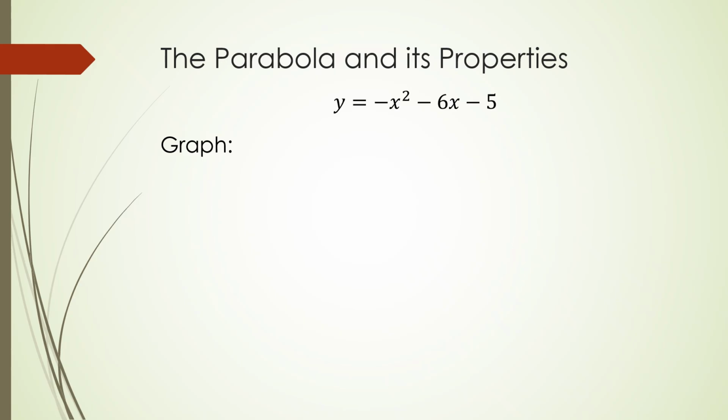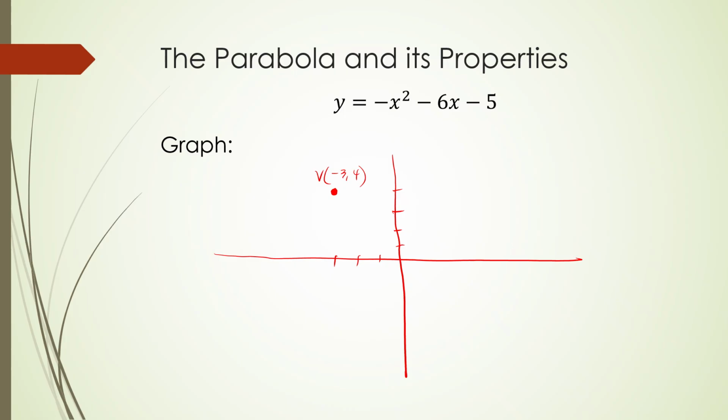Next, to graph. Here is how I graph. Again, the vertex here is negative 3 and 4. Let's say this is negative 3, 1, 2, 3, and then 4. So this is your vertex with the coordinates of negative 3, 4.